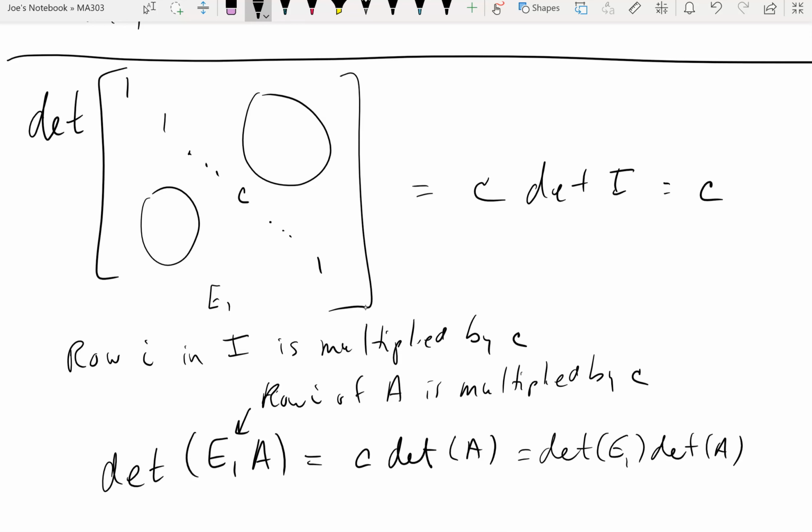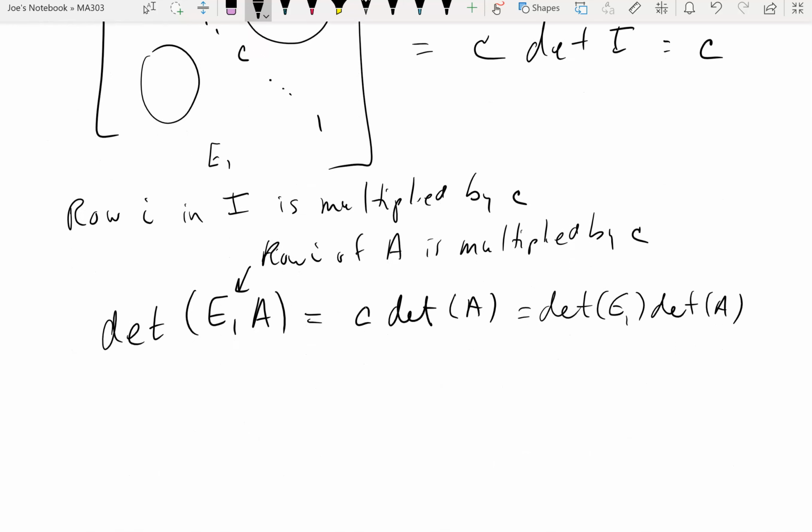So where'd you get the determinant of E1? You just substituted C because C is what the determinant of E1 is. Yeah, that's right. So notice in this case, what does it look like the determinant function did? It distributed over the product, right? Well, let's see if it does it again.